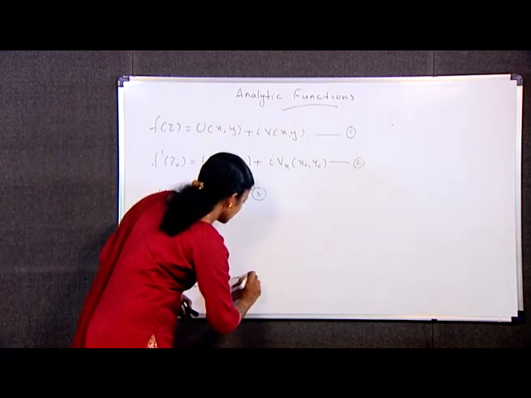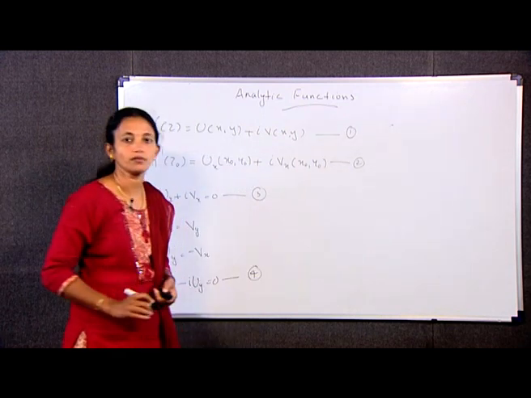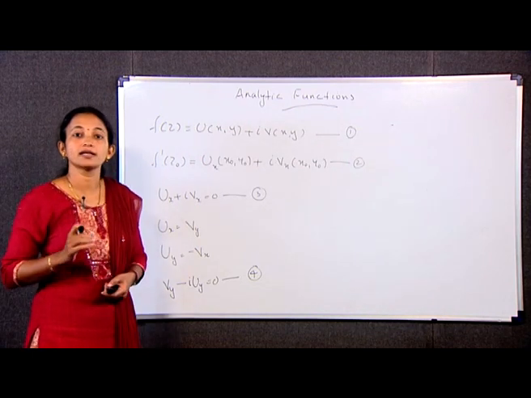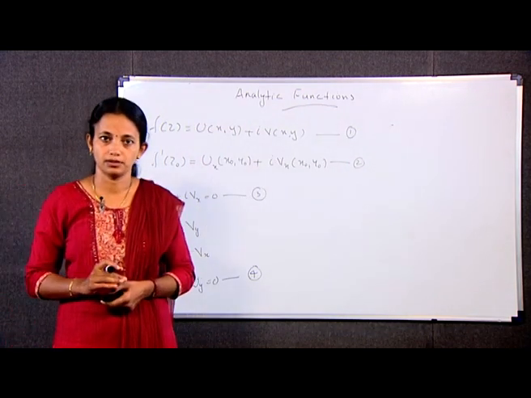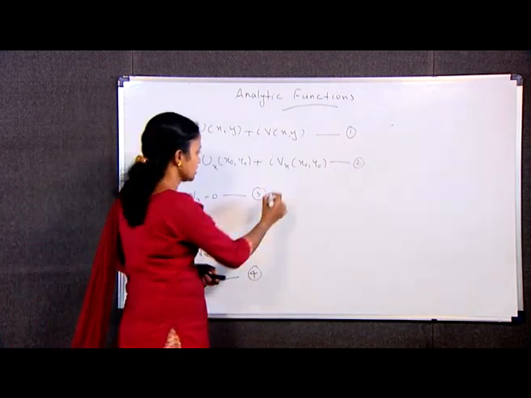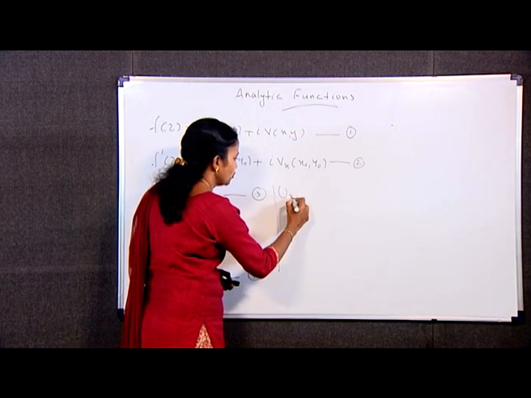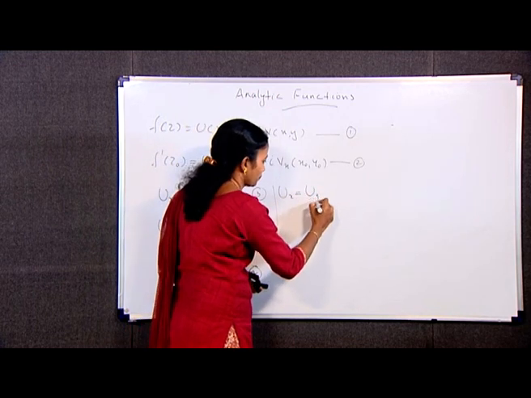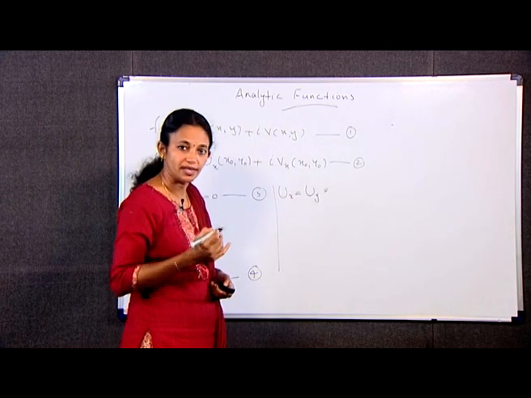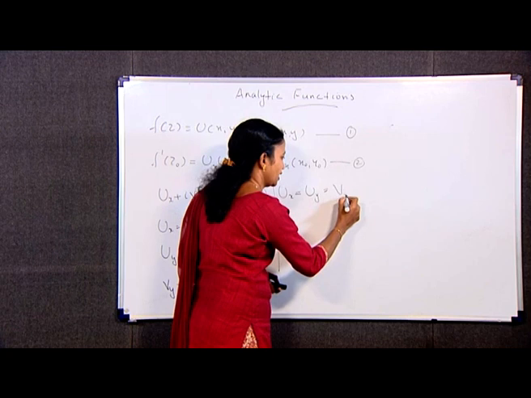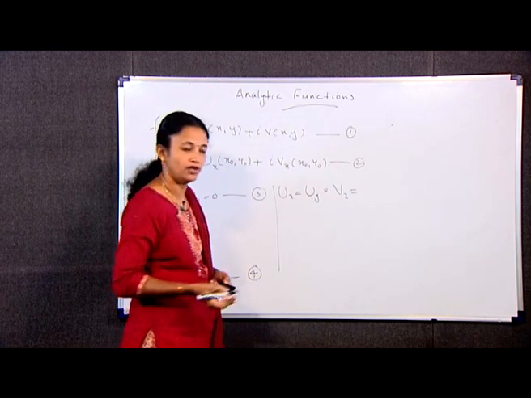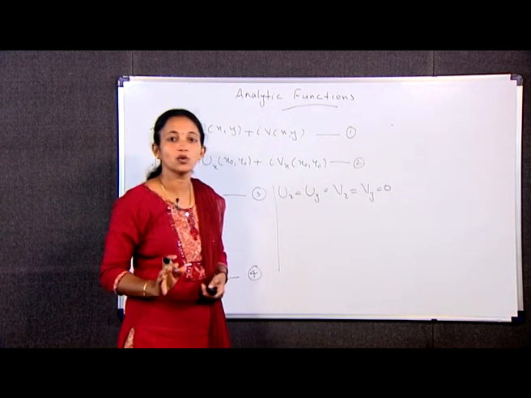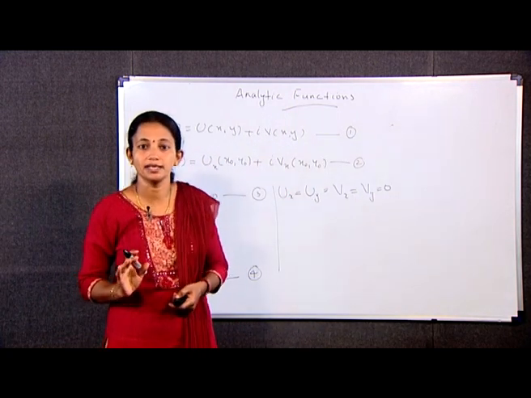We can write it as equation number 4. From 3 and 4, equating real and imaginary parts, we obtain ux is equal to uy, which is equal to vx, which is equal to vy, which is equal to 0 at each point in D.